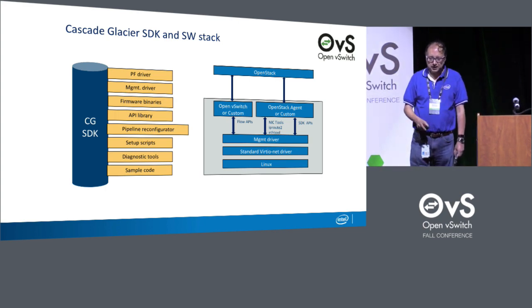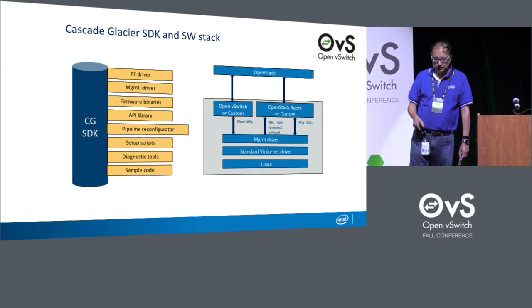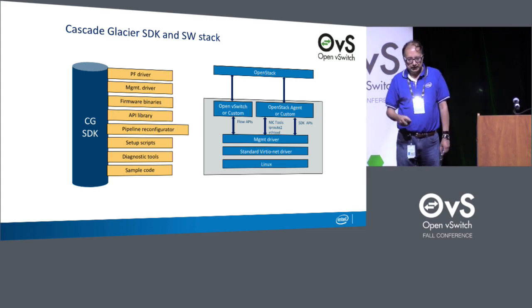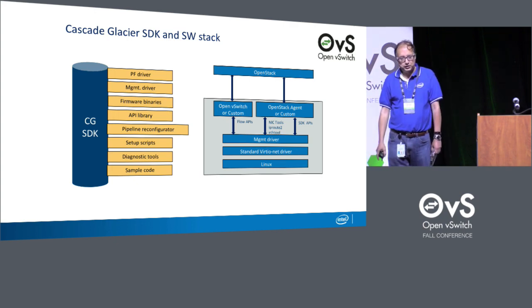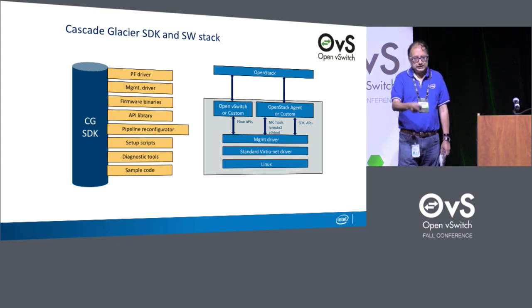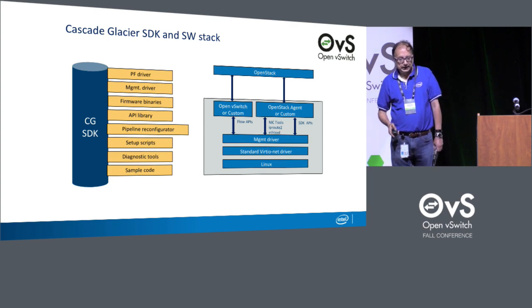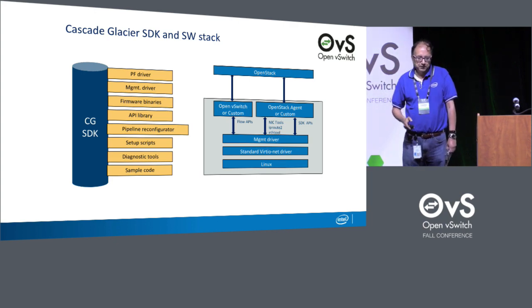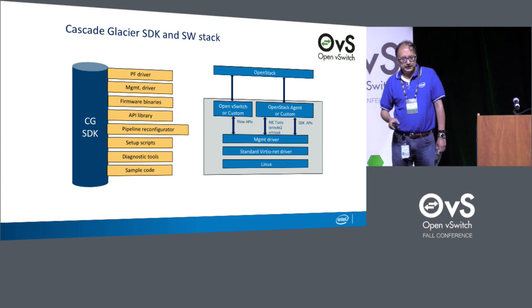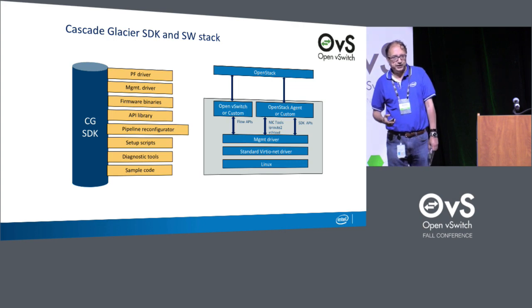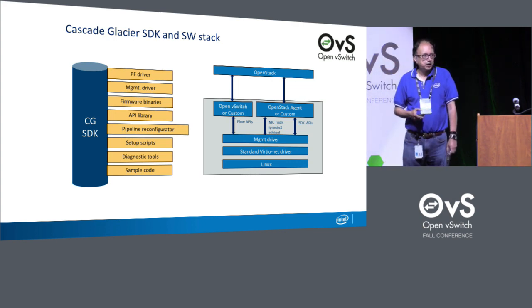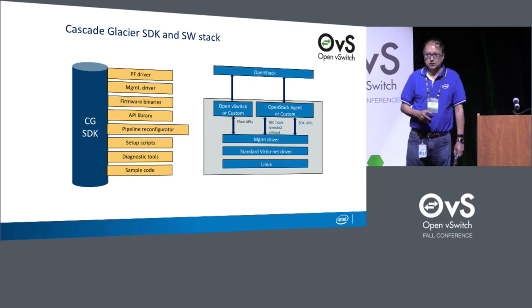And we have a standard VirtIO-net driver. We have a management driver. We have flow APIs that connect to Open vSwitch or OpenStack. And these are the components on the left side that make up the SDK: the drivers, the firmware binaries, the API library, and of course these two configurator tools that I just mentioned.